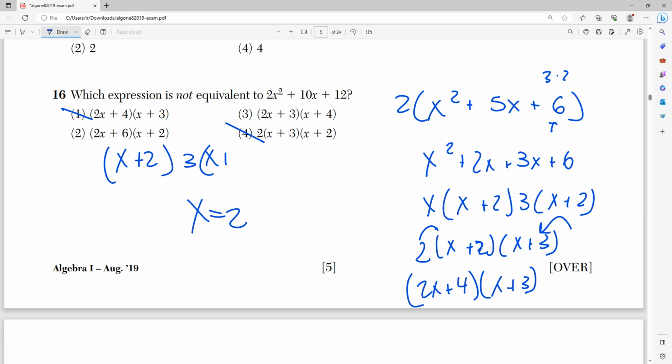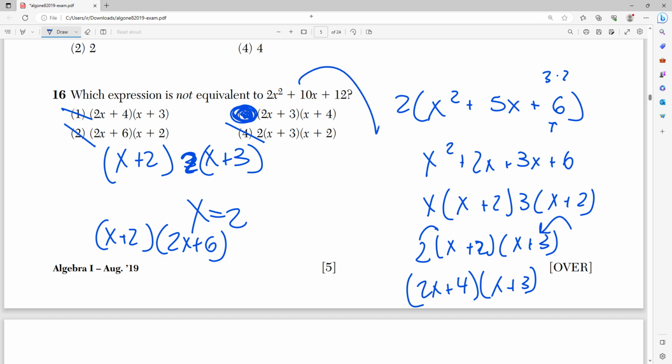The only thing that this won't give me is 2 times x plus 3, sorry, that's going to give me x plus 2 times 2x plus 6, which is right here. And that leaves us with 3, which is the only thing that is not equivalent. So usually, if you factor it out on your own and look at the variations of how you factor, you could usually solve this. Otherwise, you could just plug in x equals 2 and see which one doesn't match up.